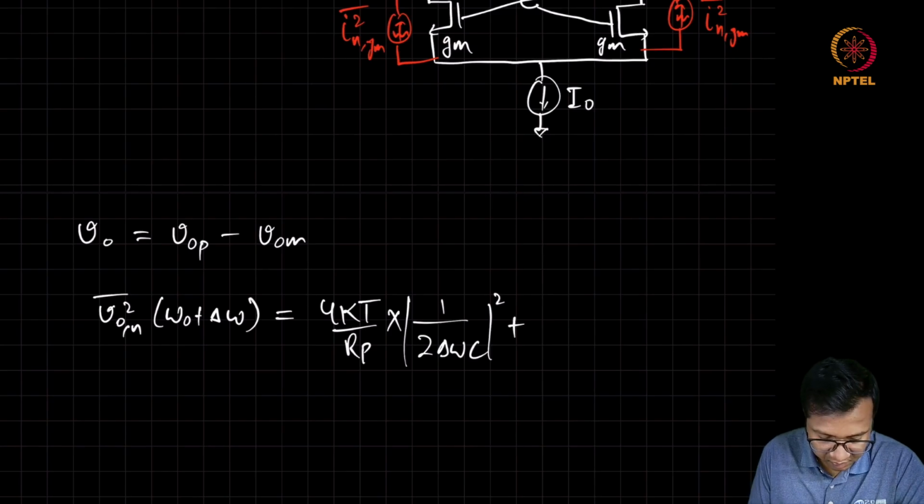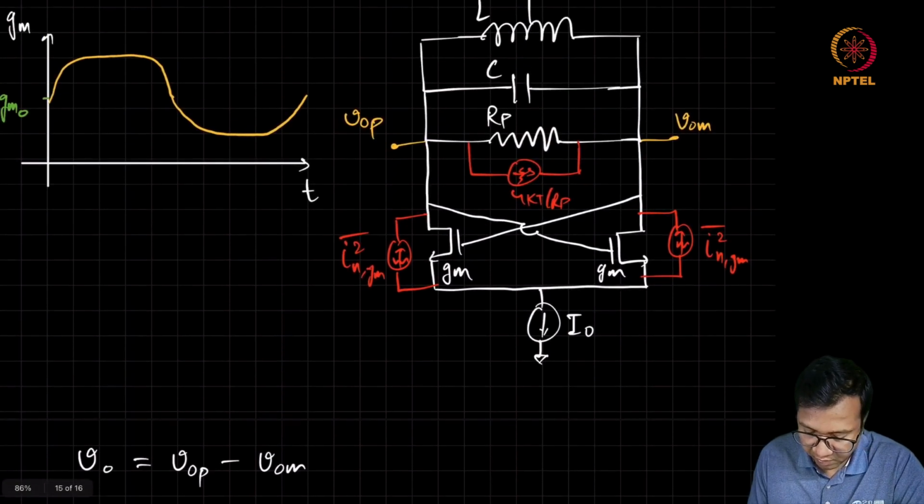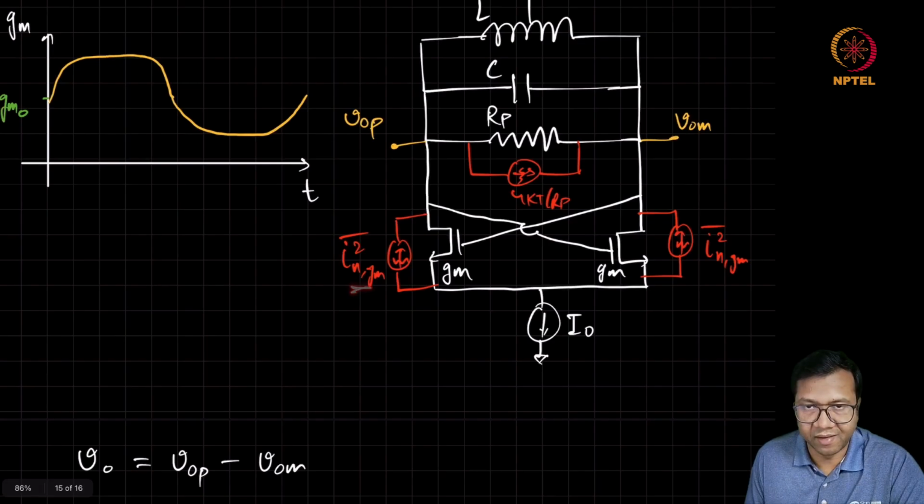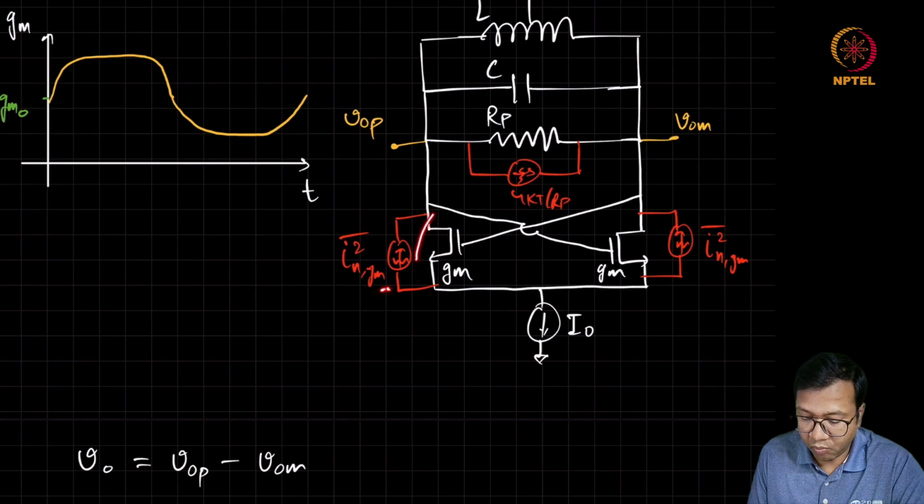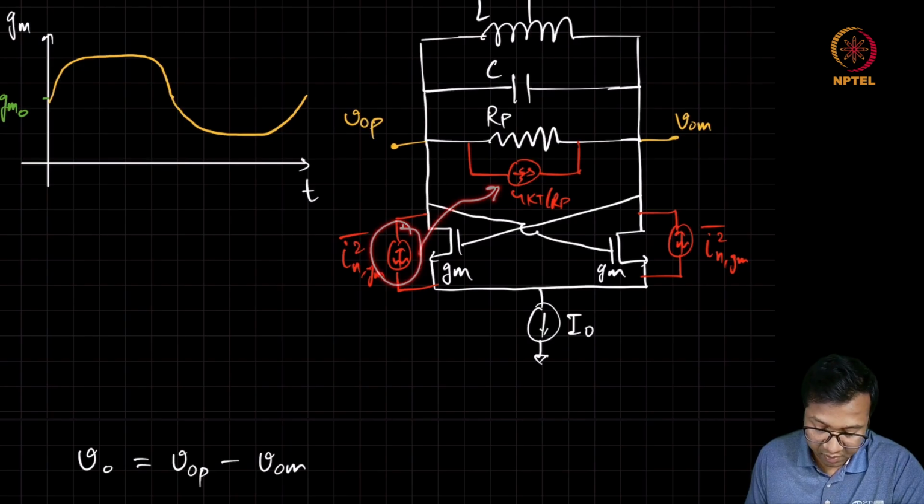Plus, we need to find the contribution from the transconductor noise. The transfer function from this current source to the output voltage will again involve multiplication with the equivalent tank impedance, but the effective differential current is going to be only half of this current source.